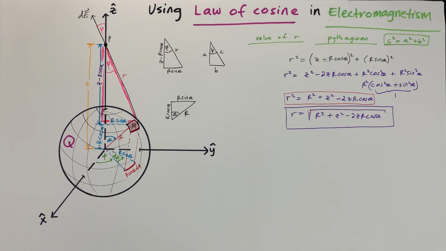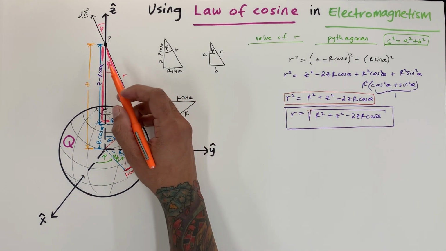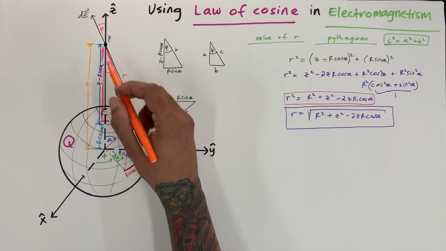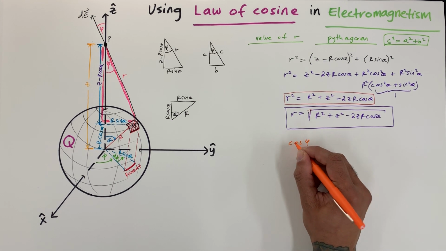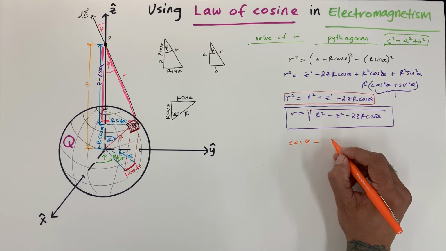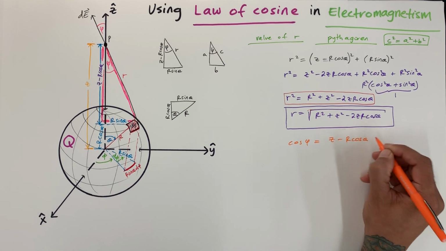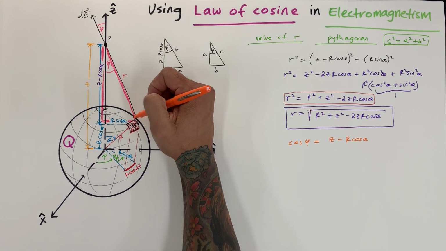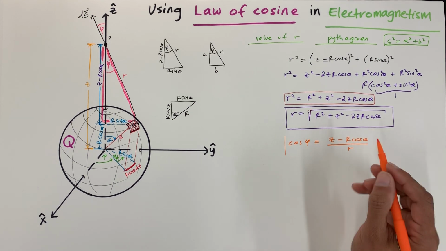And the last thing that you're gonna need is the cosine of this angle here. So the cosine of that angle is gonna be z minus r cosine theta, which is the adjacent, over the hypotenuse, which is r.